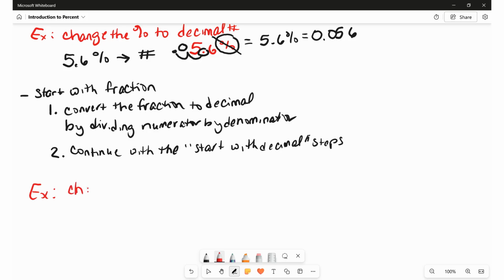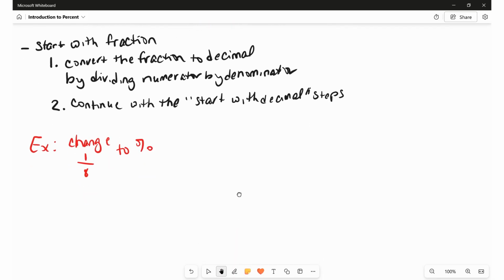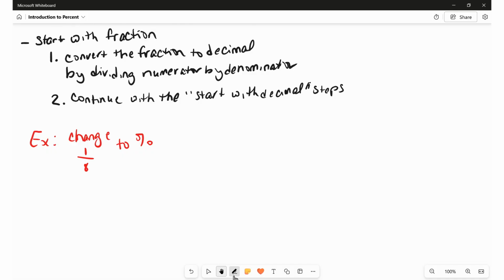Here is our example for this one. Change 1/8 to a percent. When we are beginning with this, the first thing that you are going to do, and you can either do this by hand or in your calculator, is say 1 divided by 8.